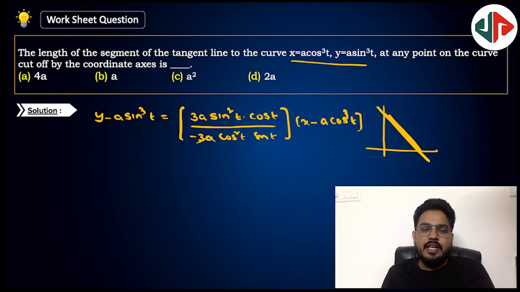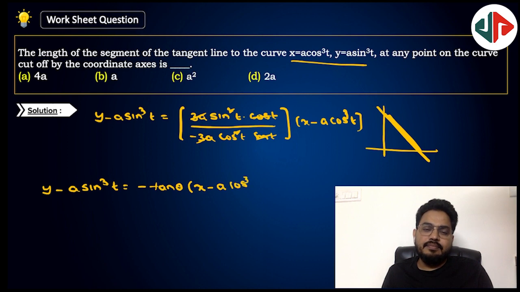So 3a cancels, sin cancels, cos cancels. So y minus a sin cube t is equal to minus tan t into x minus a cos cube t.